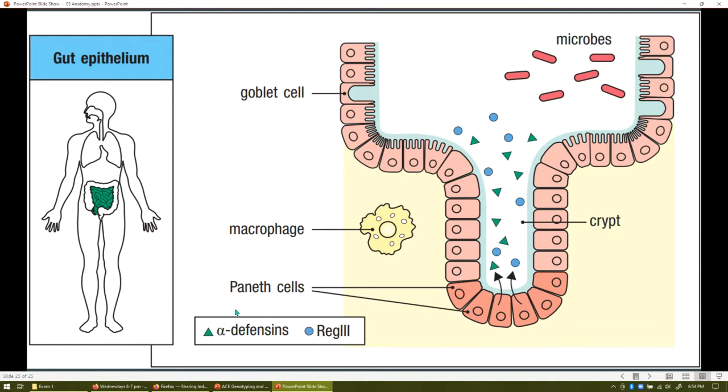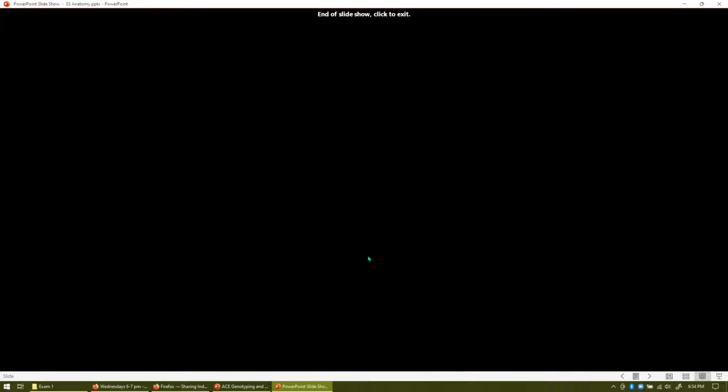And Paneth cells secrete antimicrobial proteins to help reduce the density of microbes right at the epithelium. So hopefully they are kept low in concentration. With that being said, you still have a really large number of microbes in the gut of all kinds. It's healthy.